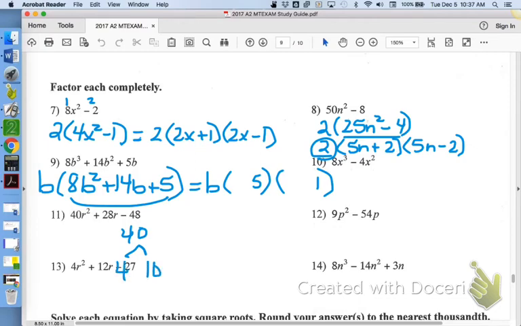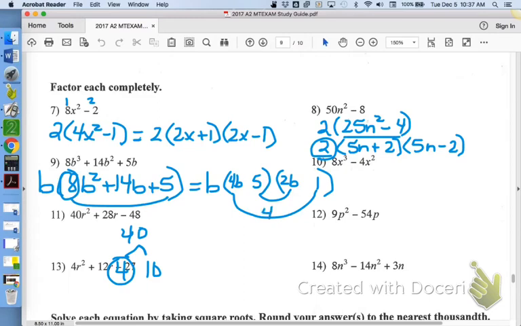Okay, so take this number and one of these numbers and take the GCF. That's going to be a 4. So I know that my first piece is 4b, which means that this has to be 2b. And I'm not sure if that 5 and 1 are in the right place. This is where I have to do this little thing. And this was just luck, folks.